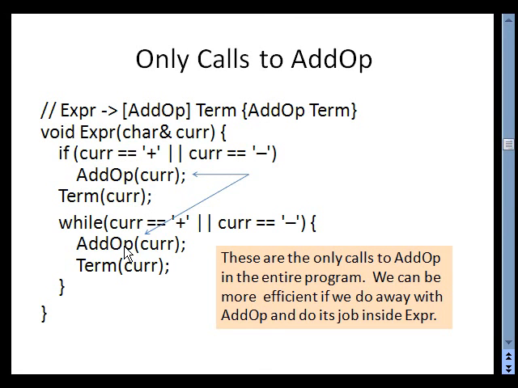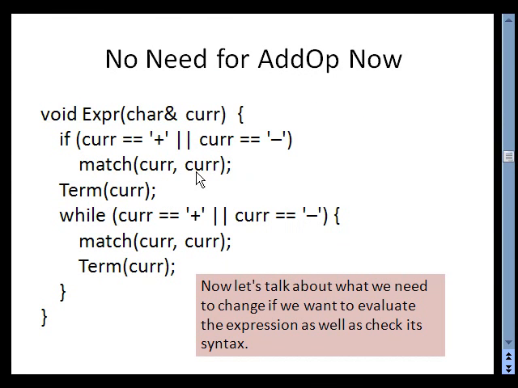So we could be a little bit more efficient here if we just do away with AddOp and put the code that AddOp had in it right here in expression. Like this. Instead of calling AddOp here, just go ahead and call match. You've already confirmed that you have a plus or a minus, so just call match. Pass it current twice, and you know that it's all going to come out in the wash because you've already checked.